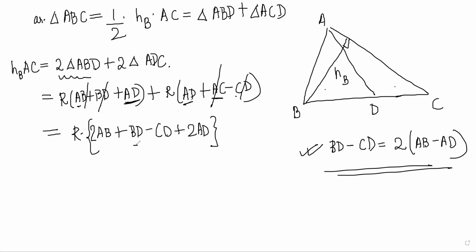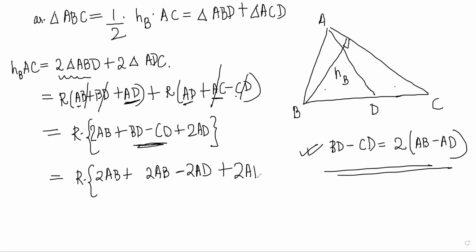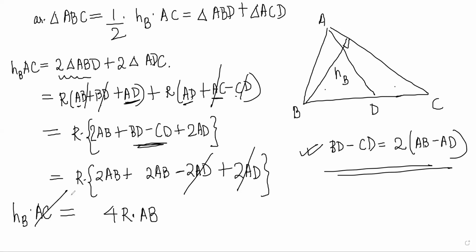So I will use that result here now, and I will say this is R times (2 times AB plus 2 times AB minus 2 times AD plus 2 times AD). So AD gets cancelled and you get 4R times AB is equal to HB into AC, right? And AC is equal to AB, so you get HB is equal to 4R. Therefore, R is equal to 1 by 4 times HB, right?